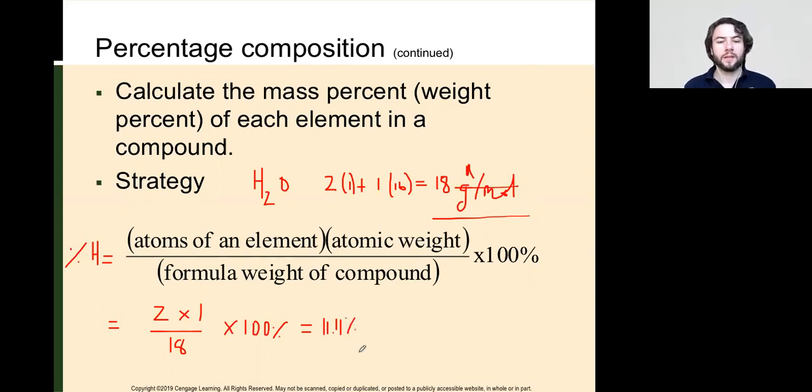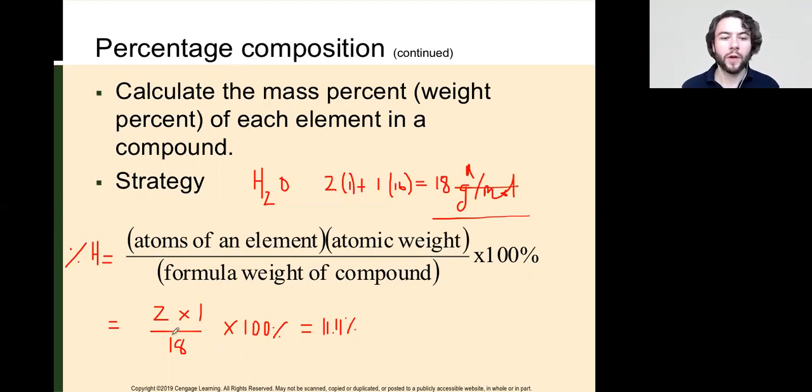Okay, excellent. So this kind of calculation, as hopefully you've seen, is not unique to chemistry. It's really just a percent composition. For example, say you had a business, a bakery, and you wanted to calculate the percentage of your total profits that came from selling pandesal.